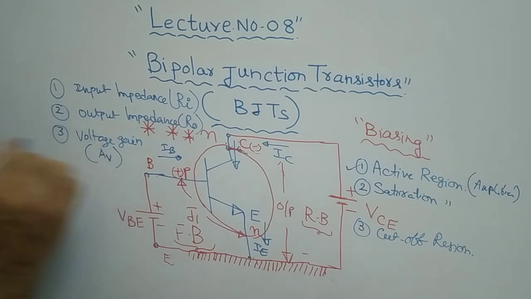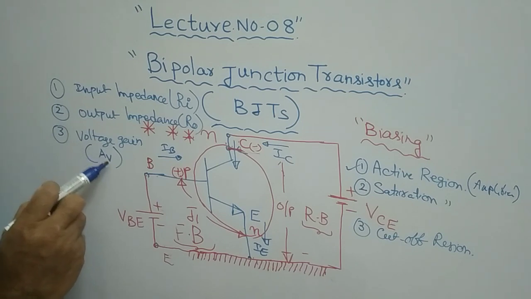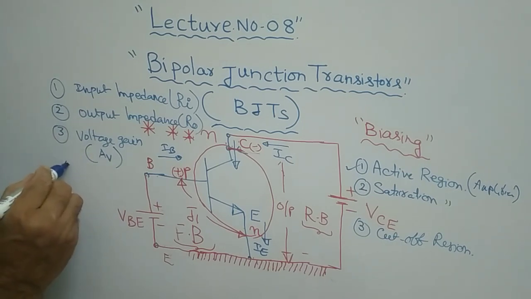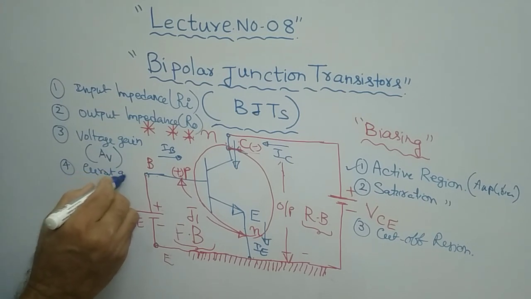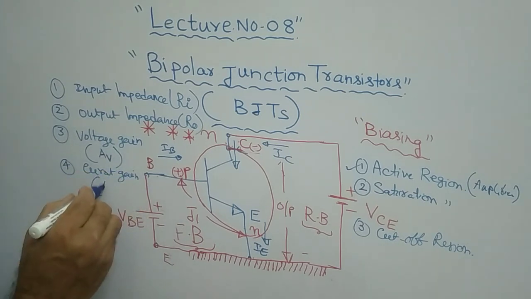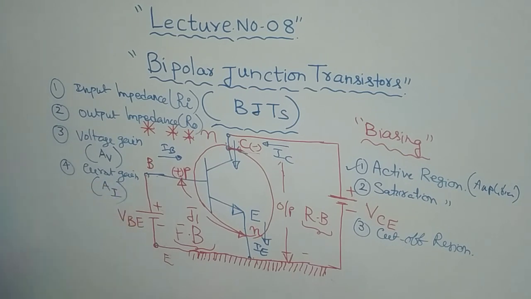A is the representation of gain. As it is a voltage gain, we write suffix v. The fourth one is current gain, so gain as A, and as it is current, A suffix i. These are the four important parameters to be considered for any amplifier circuit.